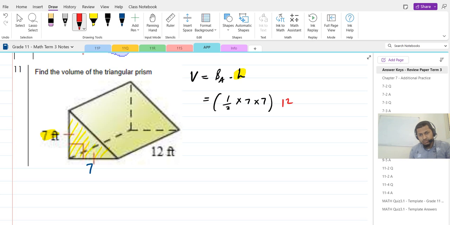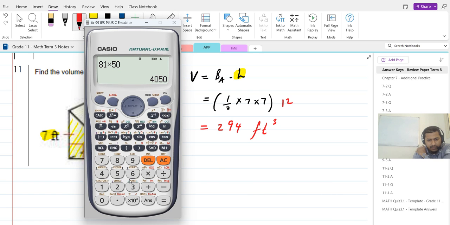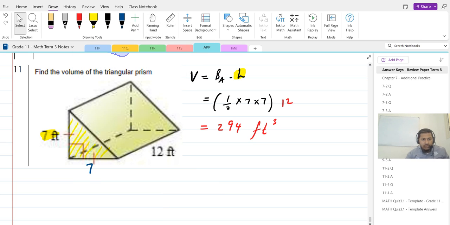So times 12. So I can say half of 12 is 6, 6 times 7 times 7. 7 times 7 is 49. Half of 12 is 6. 6 times 49 is 294 cubic feet. Is it 294? Let's check. 49 times 6. Yep, 294. Next problem.